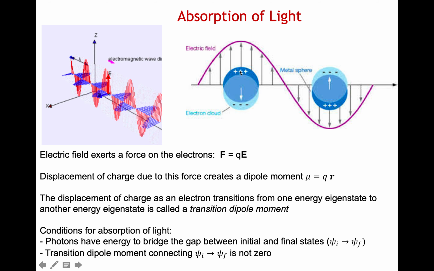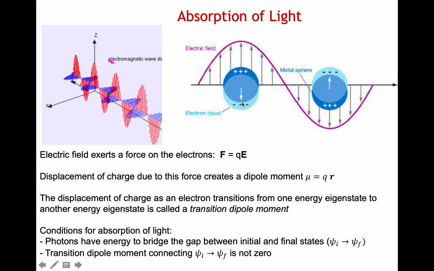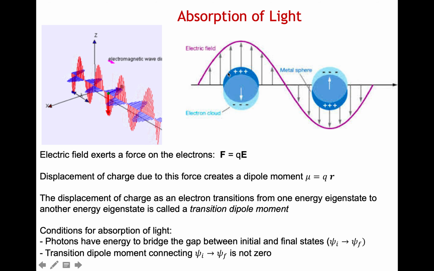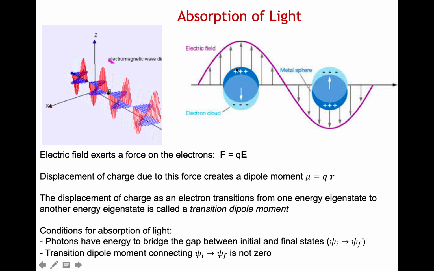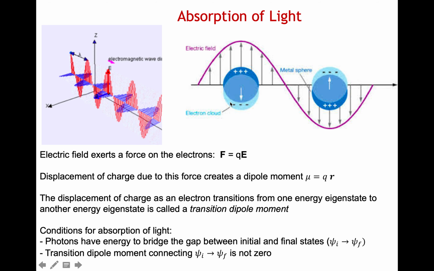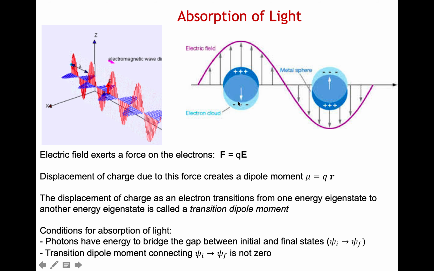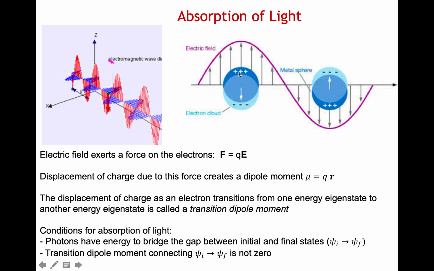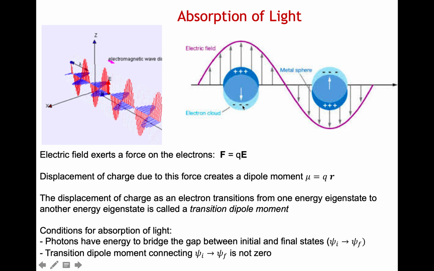So when the electric field is pointing up, the electrons are going to rush down, and they're going to leave behind the protons. That creates a displacement in charge, with excess negative charge down here and excess positive charge up here, and that displacement of charge along some direction is called a dipole.